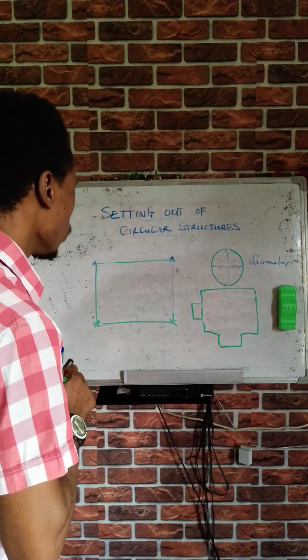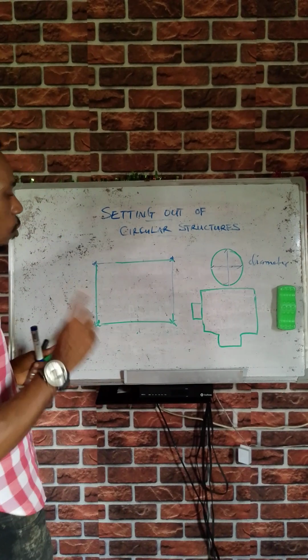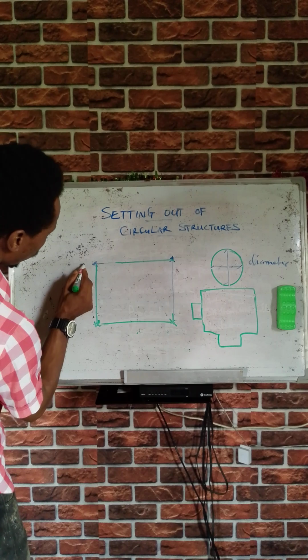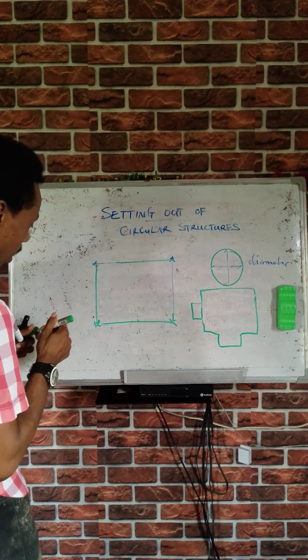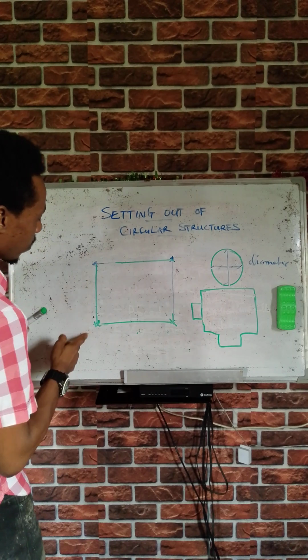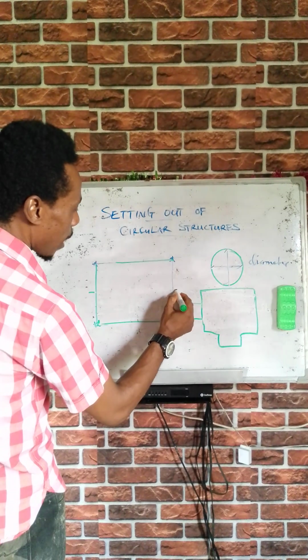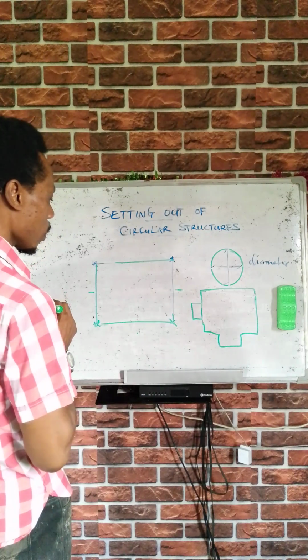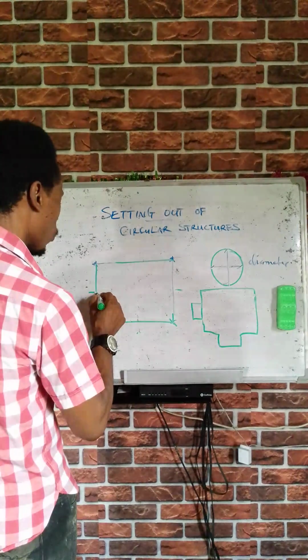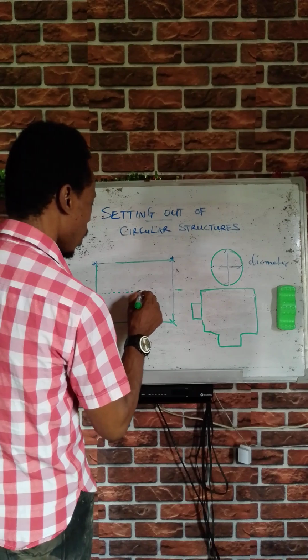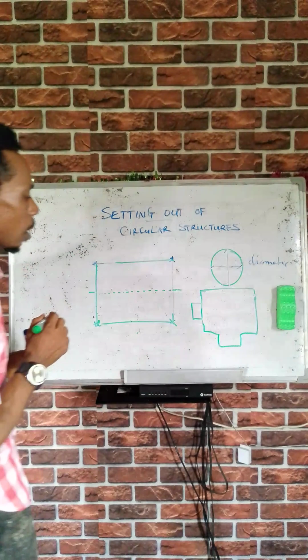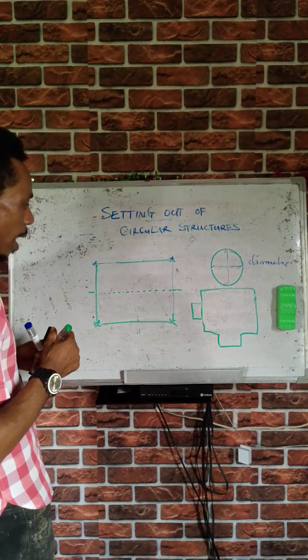The next thing you need to do is to use your tape to divide this distance and get the center point. You come to this side to divide and get your center point. You can decide to run a line across.